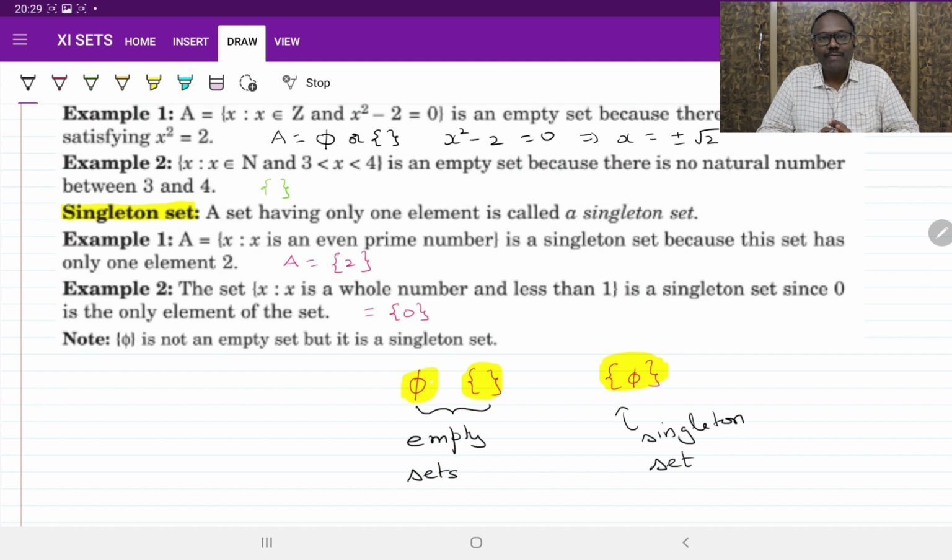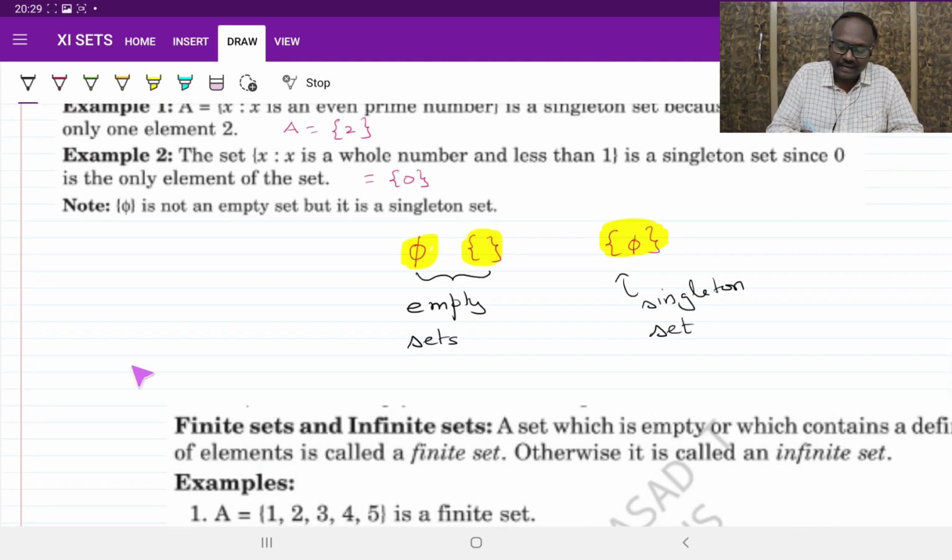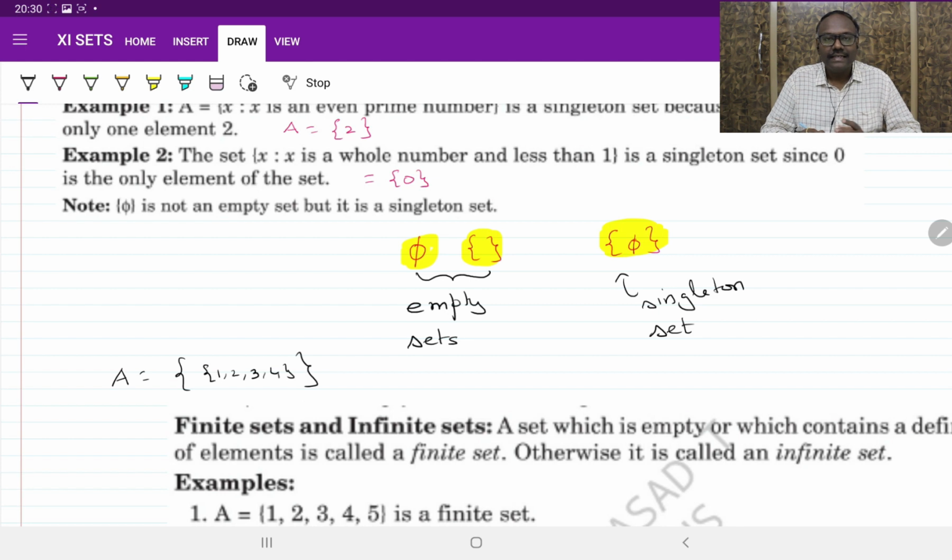So what we have to remember is, when a set has one element, it is called a singleton set. That element could be in different forms. It could be a set within another set, but still it is a singleton set. For example, suppose I have set A, which contains a set that contains 1, 2, 3 and 4. Here if we observe, set A contains only one element, which is in the form of a set.